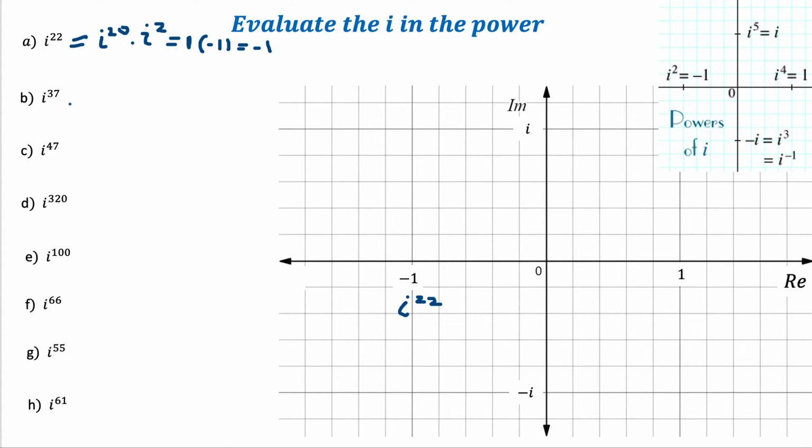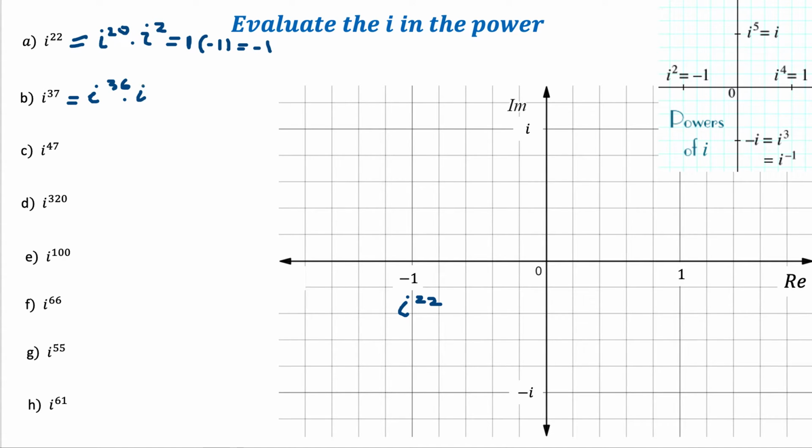Now i to the 37. If we look at 37, we cannot divide it by 4. But 36 is divisible by 4, and whatever exponent is divisible by 4 is going to be equal to 1. So now we have i to the exponent 36 times i to the exponent 1.